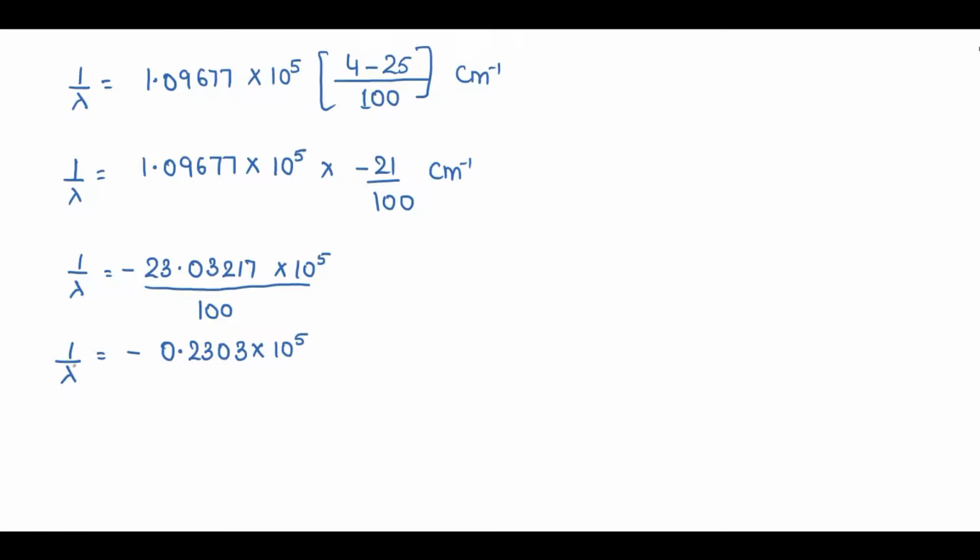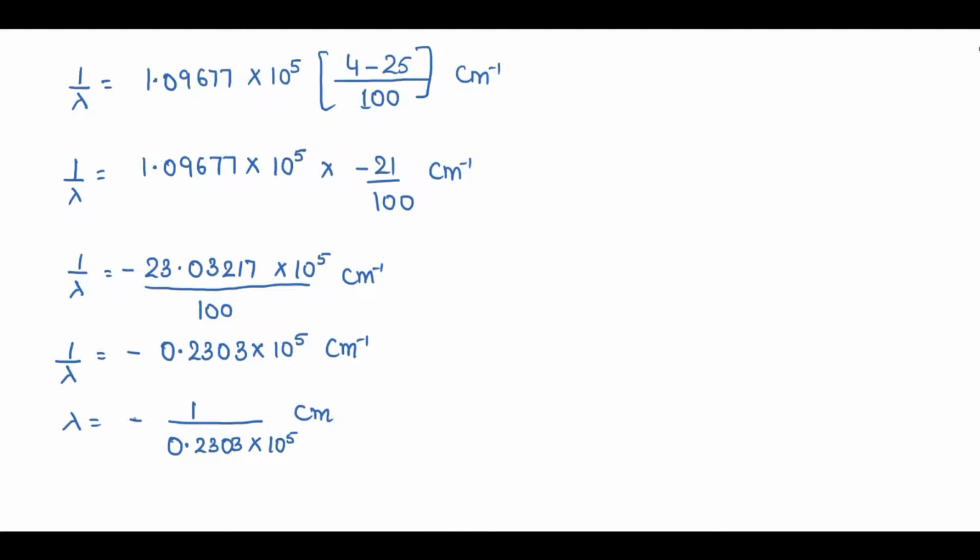So I just want to invert this value because I have to find the value of lambda. So lambda equal to minus 1 by 0.2303 into 10 raised to power 5. Definitely you should mention your units over here. So 1 by lambda will be centimeter inverse, here also centimeter inverse, and when I take this lambda in numerator, units will also change, that will be centimeter, right?